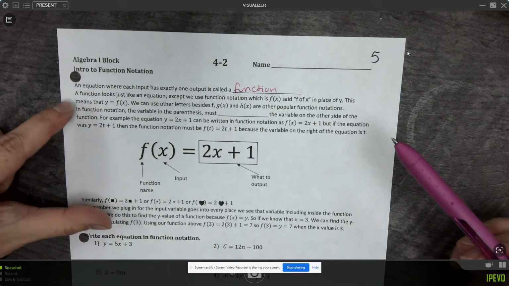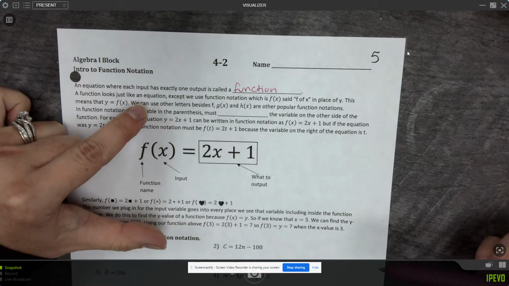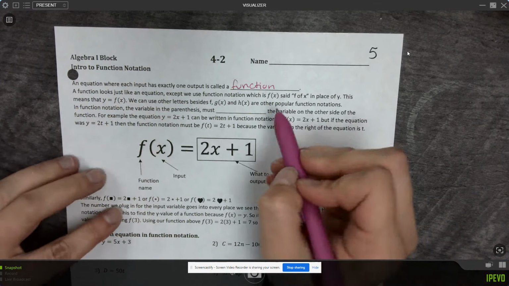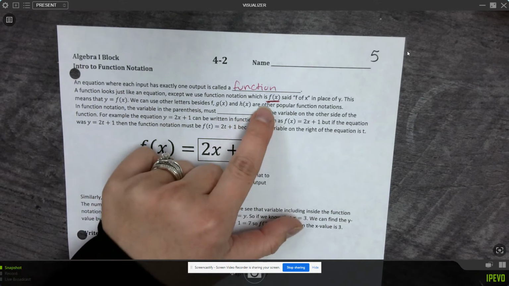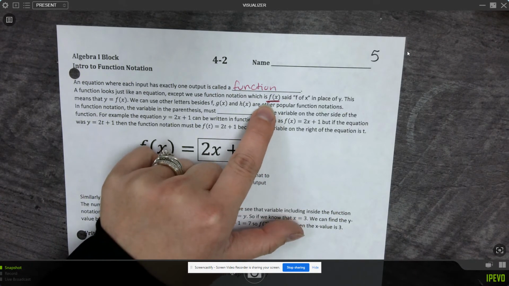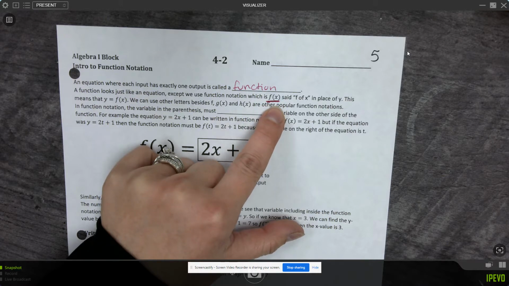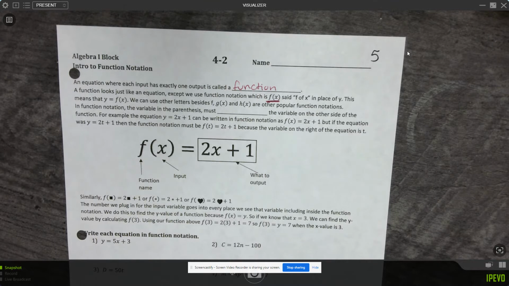A function looks just like an equation, has that equal sign, except we have this function notation that looks like this. And this is said f of x. F of x. And it is in place of where you might have had a y.